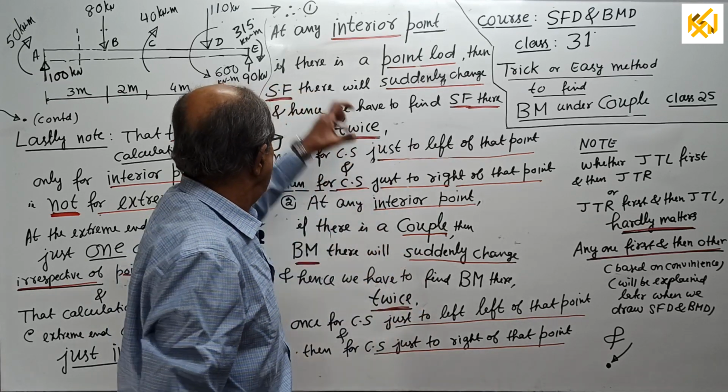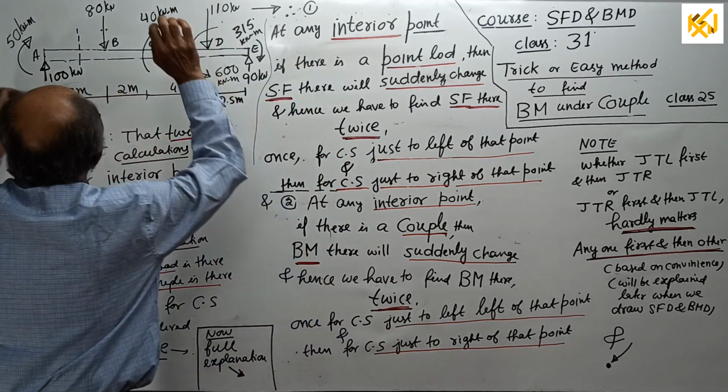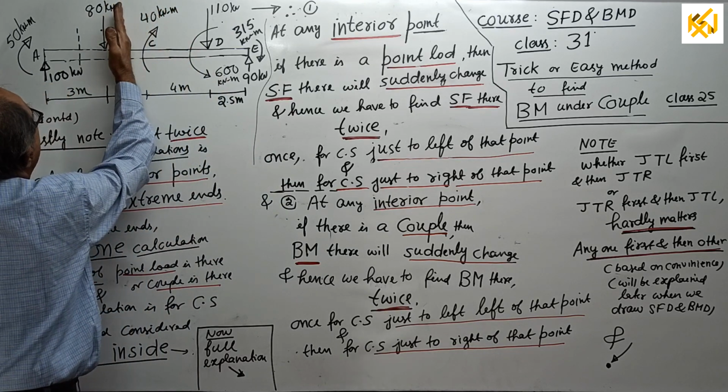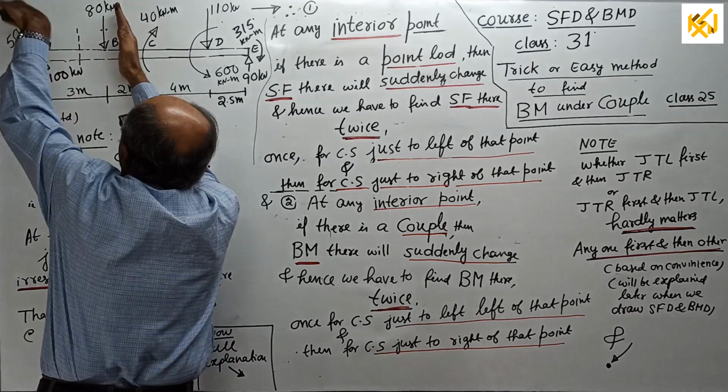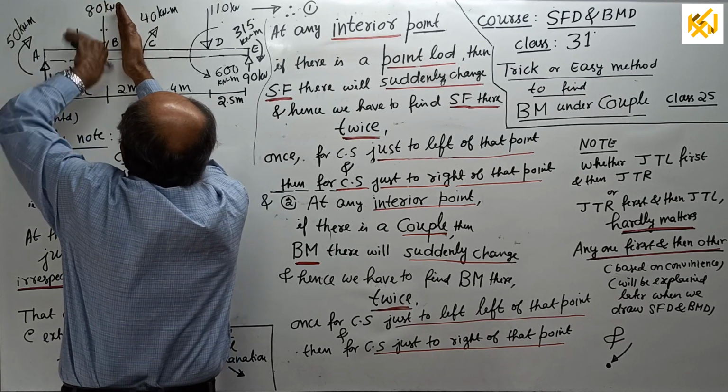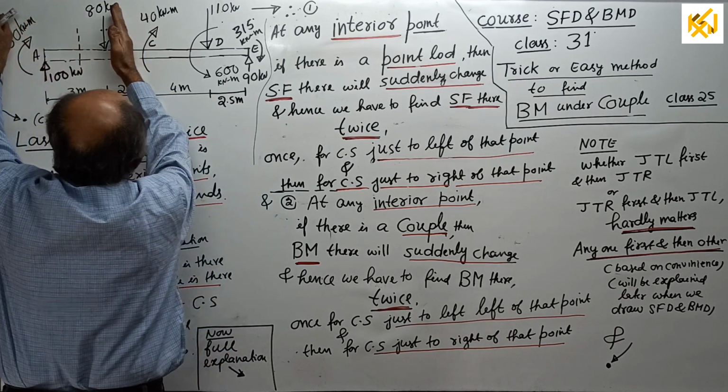Now, second point. If I want bending moment here, it will be plus 50 plus 100 into some distance minus 80 into some distance, that way.